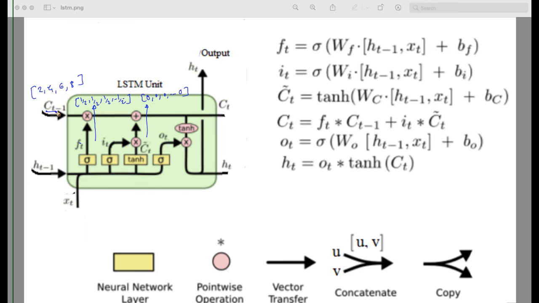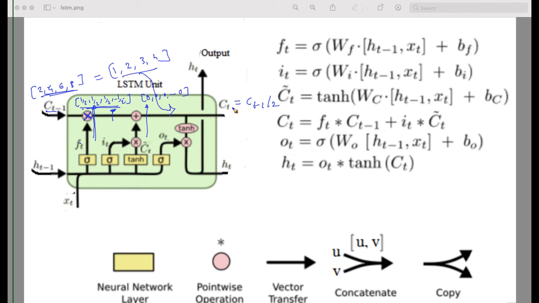If I multiply this with this pointwise, each gets halved and it becomes 1, 2, 3 and 4. So CT minus 1 is getting halved at this point, and with all zeros this half is transmitted as it is. So CT is becoming equivalent to CT minus 1 by 2.